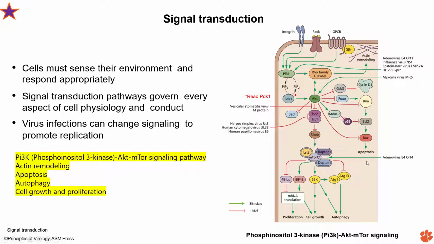And then another thing is autophagy right here, and cell growth and proliferation. So out of all the complicated ones, this is the PI3K AKT mTOR pathway. We're just asking for the end results of it. It modulates actin remodeling, apoptosis, autophagy, cell growth and proliferation. That's all you need to know. So I think that's very doable.